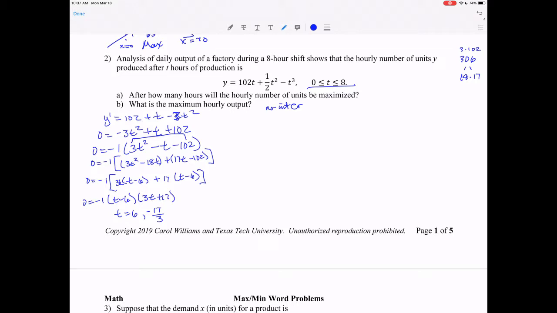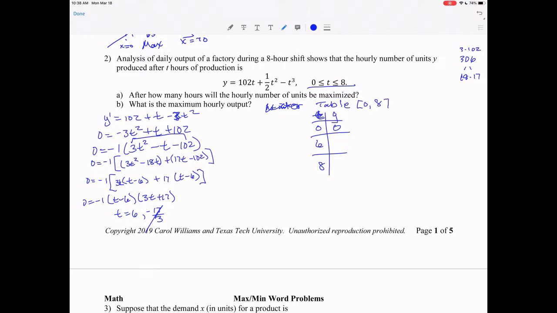I guess you could say that it is between. So we could do a table here that t is between 0 and 8, but negative 17 thirds is not in that. So let's look at a table. We have t, and then we have y, and so we have 0, 6, and 8. And so if we put 0 in, we get 0.